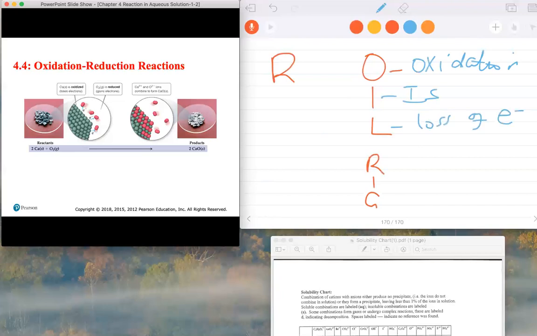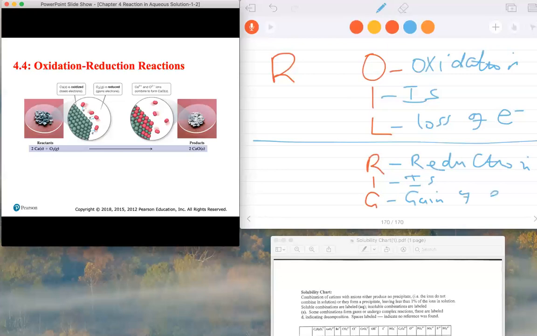That's how I remember. What is oxidation? Oil rig. And then reduction is gain of electrons. You need to be able to differentiate those two types of reaction. There is oxidation, there is reduction. Two terms.